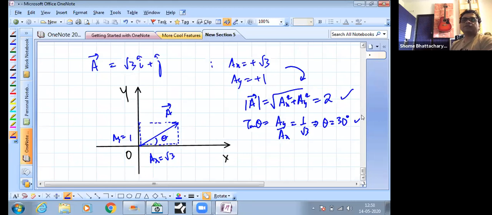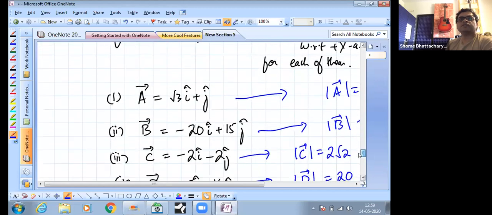The tan theta is y component divided by x component.